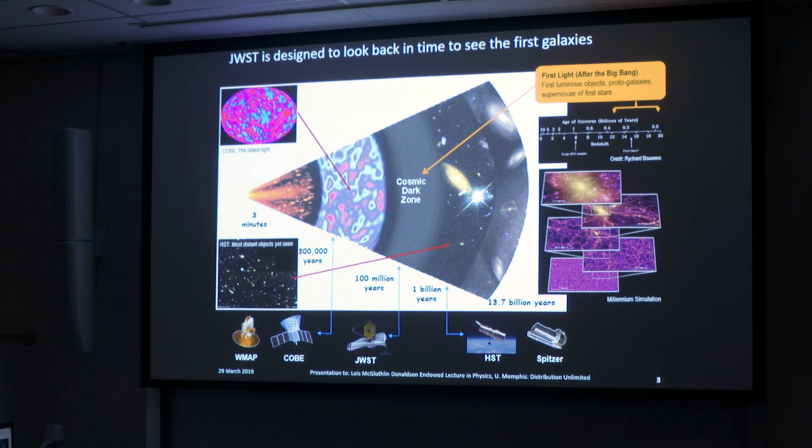This is a picture of the oldest light that was recorded by NASA's COBE satellite. A Nobel Prize was awarded for that. And this is what the universe actually looked like moments after it became transparent. About 3 minutes into its life, it became transparent, and this is what the light looked like when it escaped.